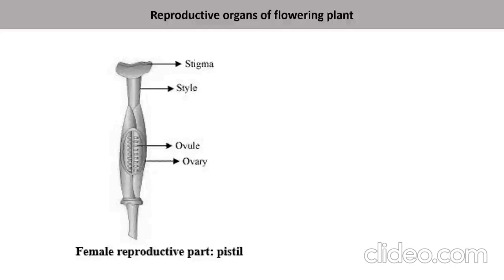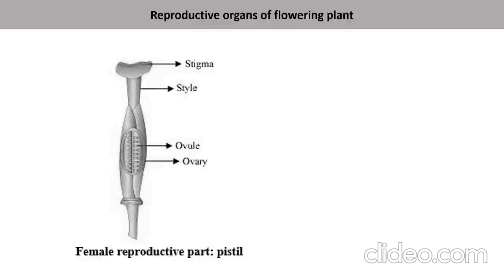Okay. Sure, ma'am. So let's talk about the female reproductive organ first. The female reproductive organ consists of style, stigma, ovary, and ovules. Ovary is the very basic organ for any female reproductive part, which contains the ovule.